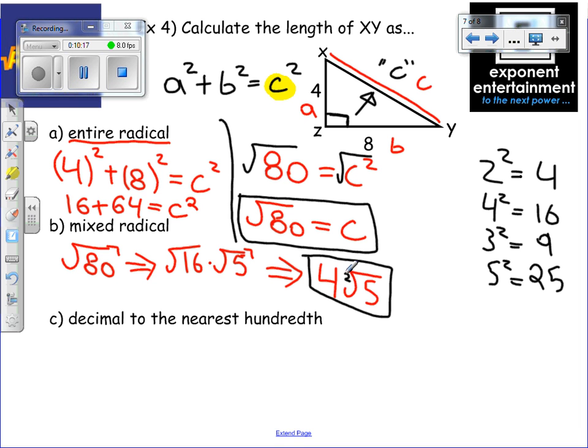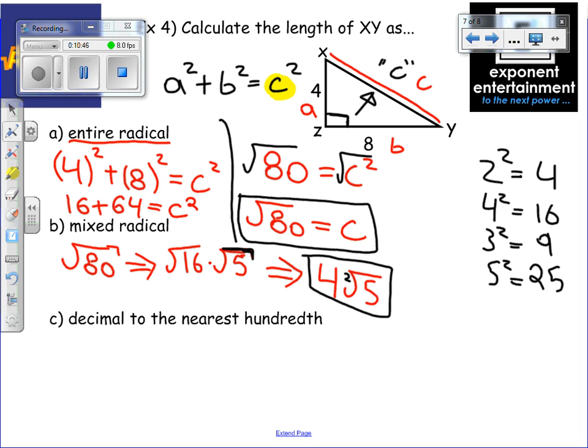When do we use the index? We use it when we're converting mixed to entire. That was when we would bring the number underneath, and then we use that number as our exponent.